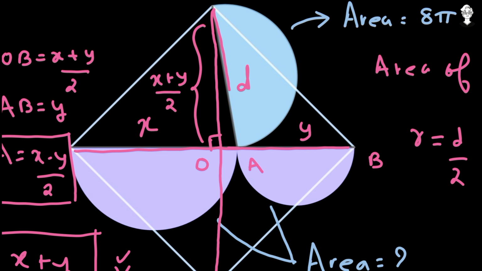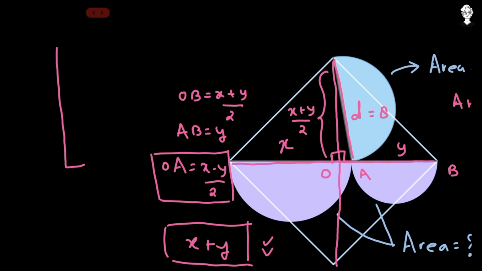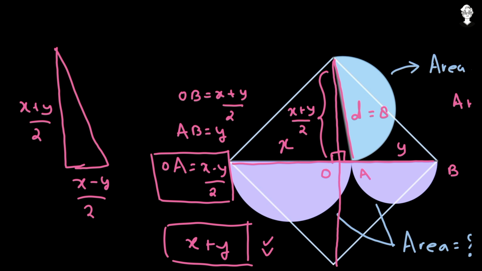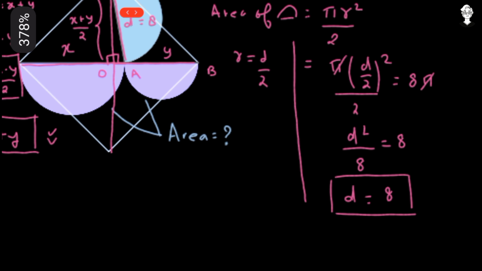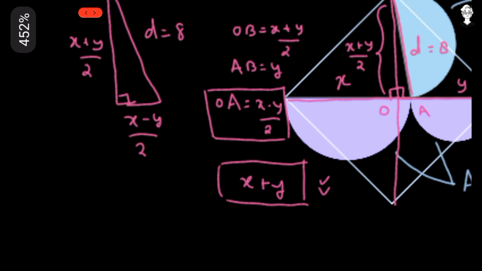The hypotenuse has a length d, and that was equal to 8, and the angle over here is 90 degrees. So ultimately we have a right angle triangle over there. The height is equal to (x plus y) upon 2, the base is (x minus y) upon 2, and the hypotenuse is equal to d, that has a value 8. We found in the starting of the video that d is equal to 8. So we can just apply the Pythagoras theorem over here.